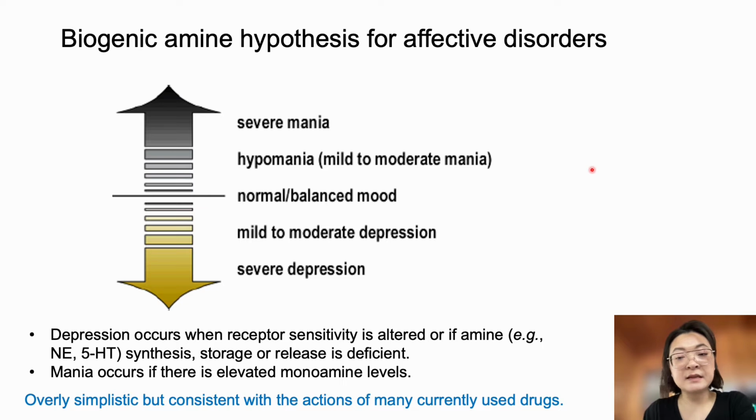The hypothesis is that depression occurs when there is reduced receptor sensitivity or reduced amine neurotransmission, so serotonin or norepinephrine. Either deficiencies in the synthesis, storage, or release of these neurotransmitters produces depression. On the other hand, if there is elevated monoamine levels, this produces mania.